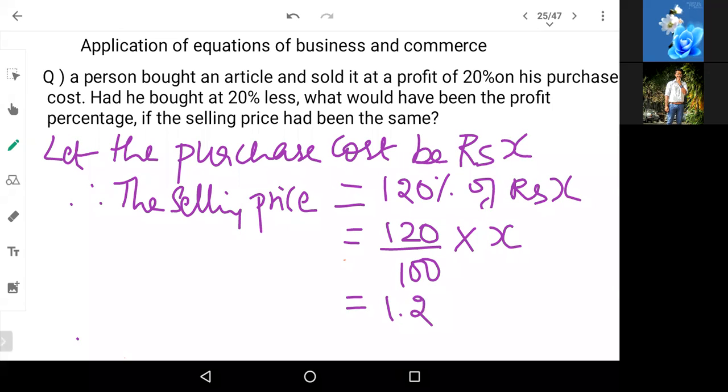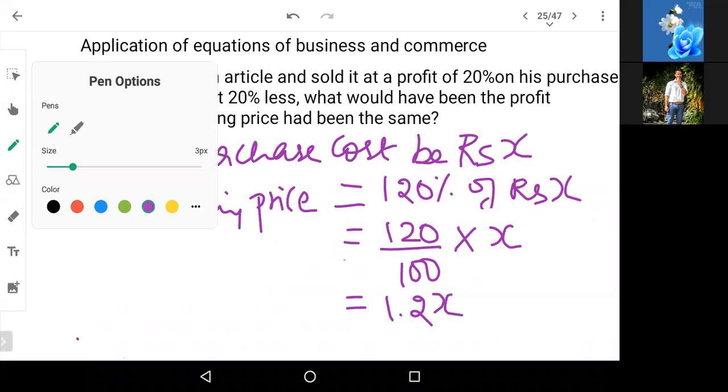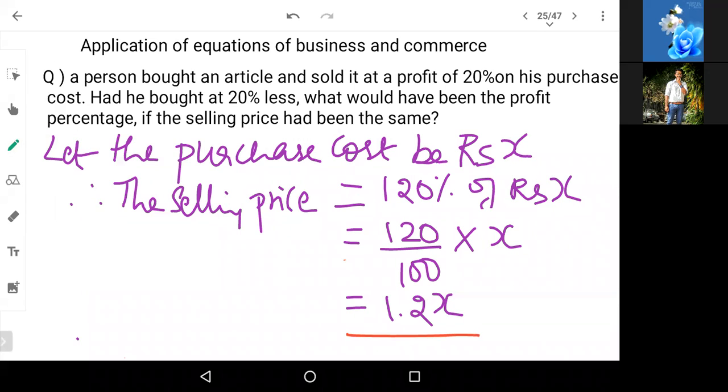You get 1.2 into X. So the selling price, I can say it as 1.2x. The purchase price is X. The selling price is 1.2x. Any doubts still here? Okay.